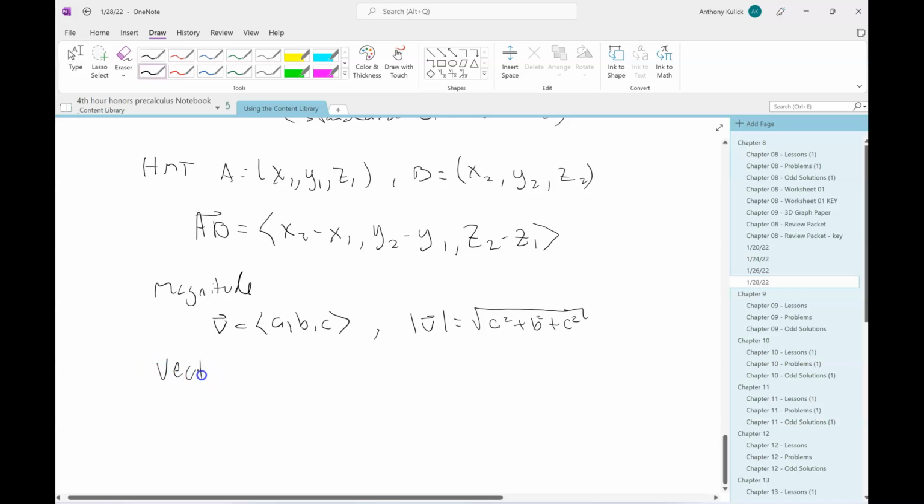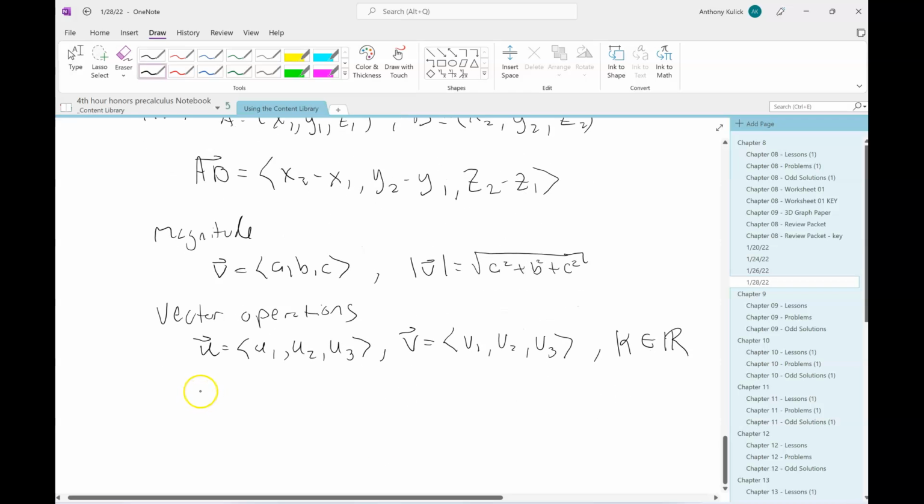Our vector operations basically all work the same way. So if I have vector u in component form, vector v in component form, and scalar k, then vector addition still works the same way. u plus v is just u1 plus v1, u2 plus v2, u3 plus v3.